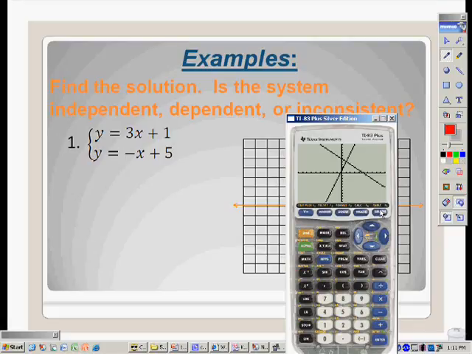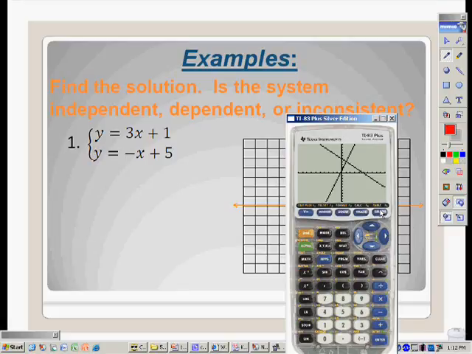Okay. So, the next thing you're going to do, you're going to hit the second button, and then the trace button, and you're going to come up with this menu. You're trying to get to that calc menu. So, second and the trace button next to graph. You're going to go down to number 5, which is intersect.